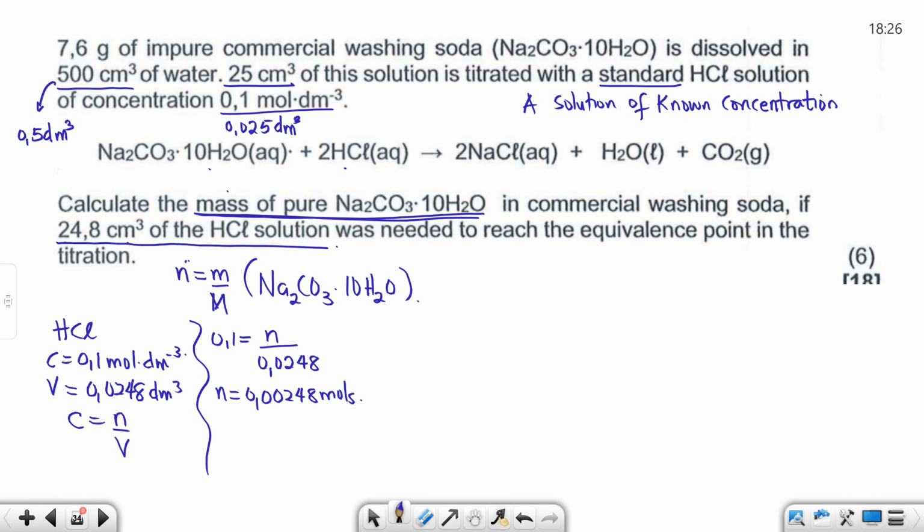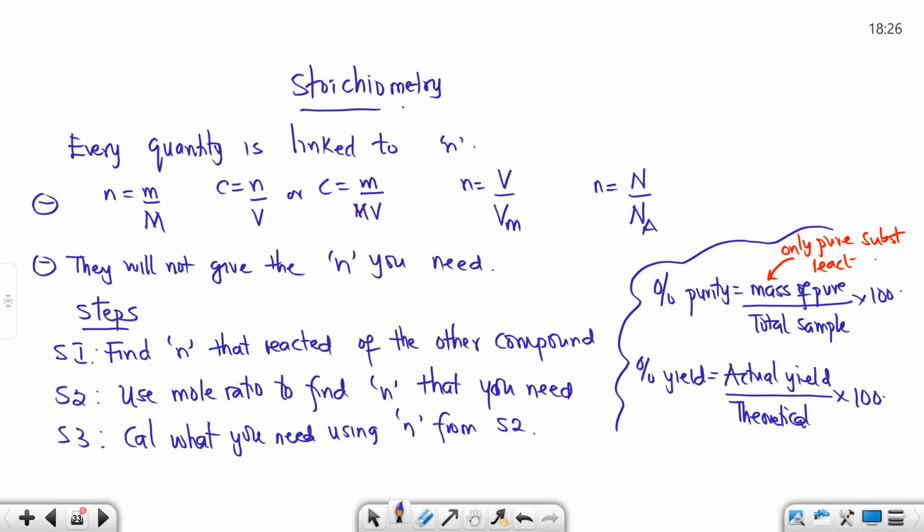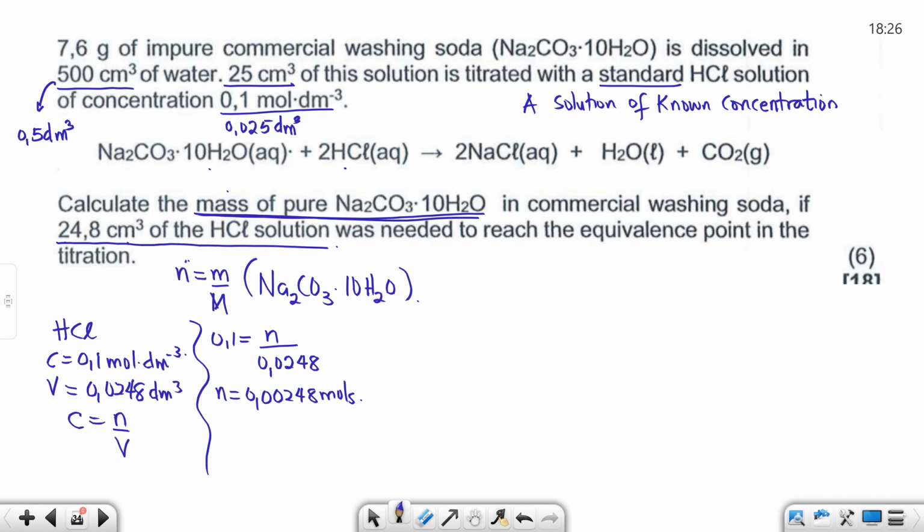This is the number of moles that reacted. Okay? Now, what do we do? Ken, what's our step 2? Use the mole ratio to calculate the number of moles that you need. Oh, step 2. Na2CO3.10H2O. All right. What do we have? HCl. What's the ratio? 1:2. So this is HCl, remember?